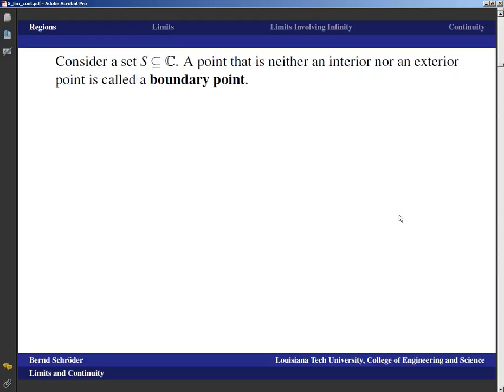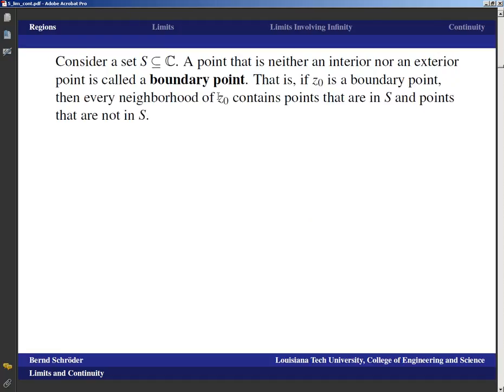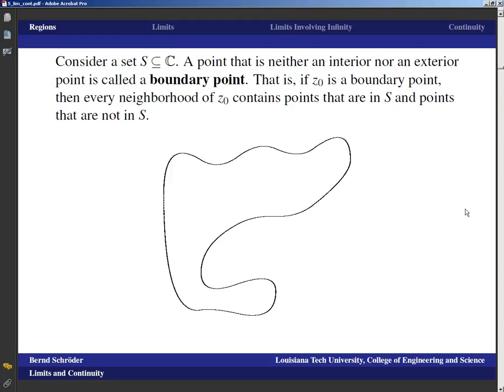Well, it turns out that if a point is neither interior nor exterior, then it is called a boundary point. And z0 is a boundary point if and only if every neighborhood of z0 contains points that are in S and points that are not in S. So if we're looking at our generic domain, boundary points should be on that solid line here, and that's indeed where all the boundary points are.